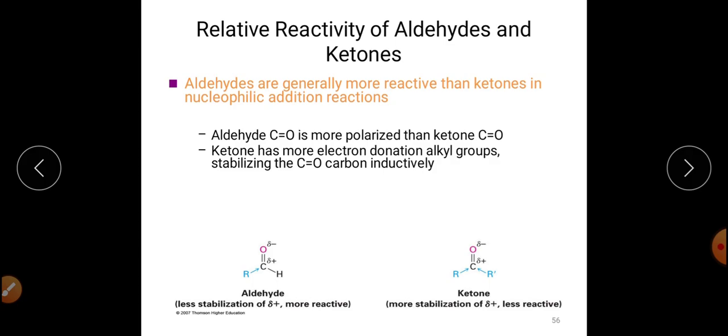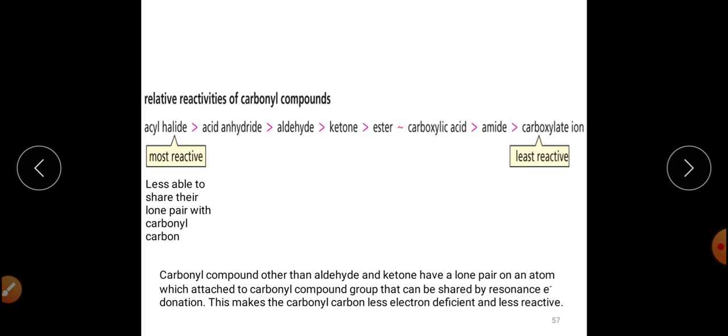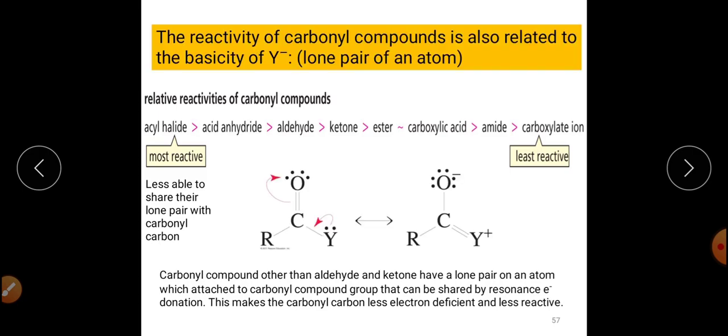When they donate the electron, they decrease the positive charge on the carbonyl carbon, and when the positive charge is decreased on the carbonyl carbon, the incoming nucleophile will react very slowly with that carbonyl carbon. So this is another factor which makes aldehydes more reactive towards nucleophilic addition reaction in comparison to ketones.